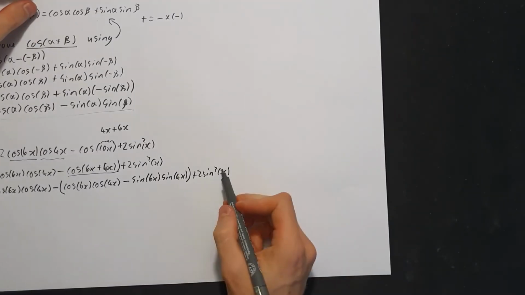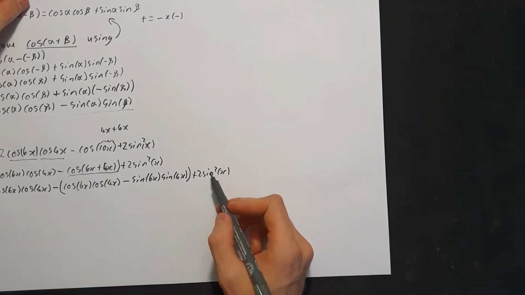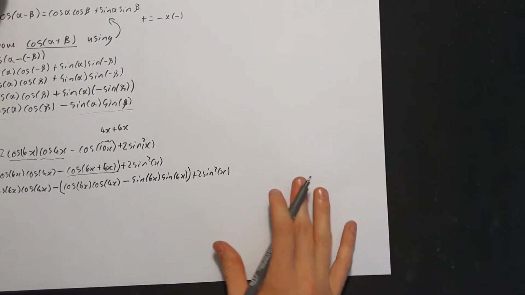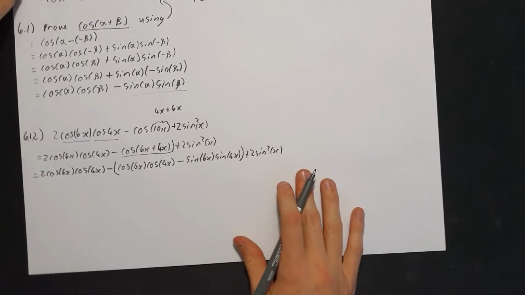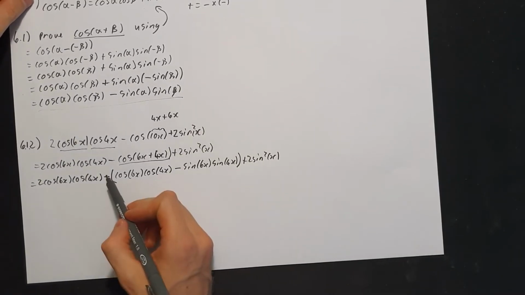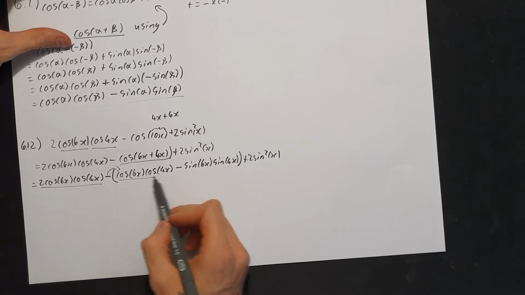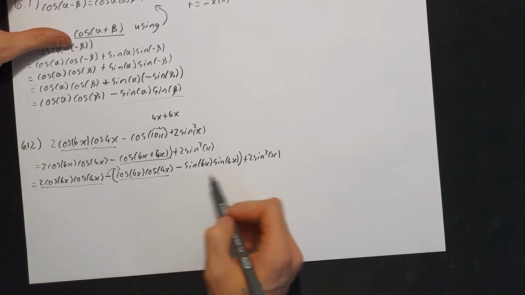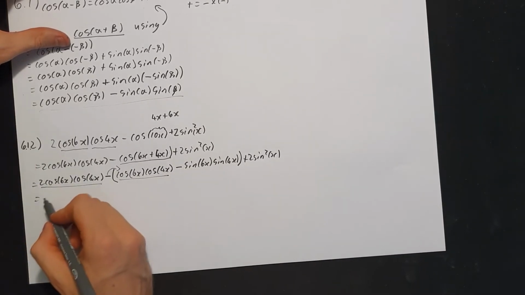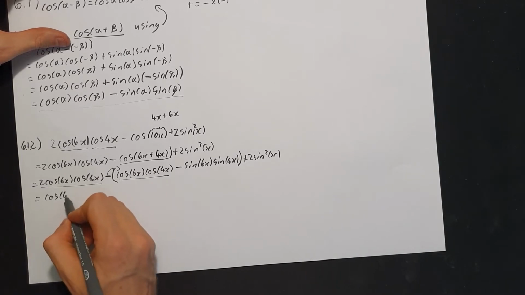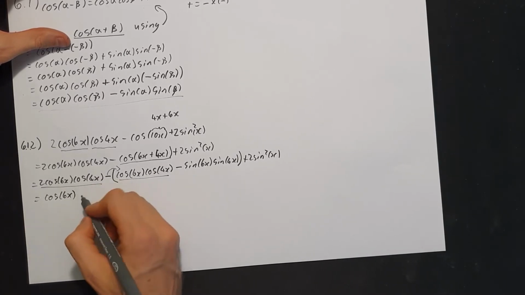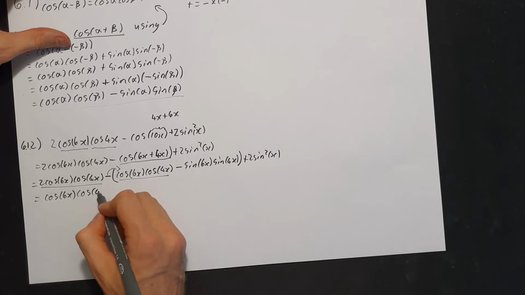Okay, so yes, it's nice, you can see that one, it's quick to jump to changing that, but sometimes you don't need to change the sine squared. Okay, now we can see if I distribute this negative in here, I'm going to have 2 of those minus 1 of those, and then this is going to become plus. So I'm going to end up with cos 6x cos 4x.